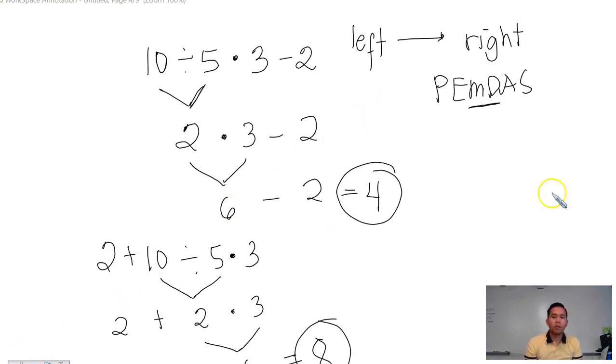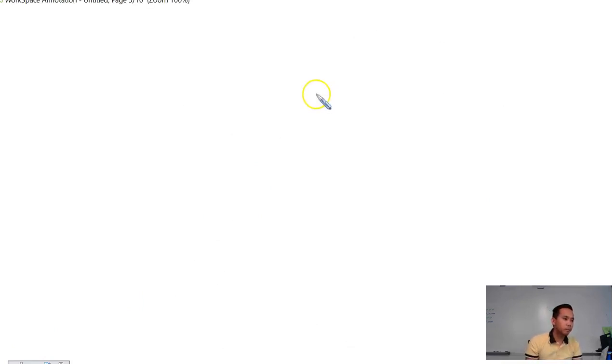All right, let's take a look at a slightly more complicated example. Let's do 20 squared, divided by a group of 3 times negative 4 squared plus 2.